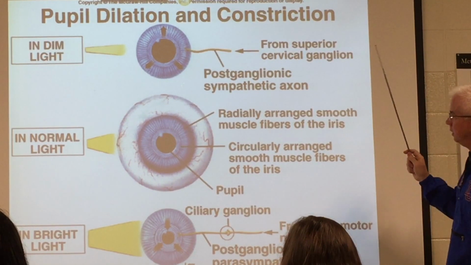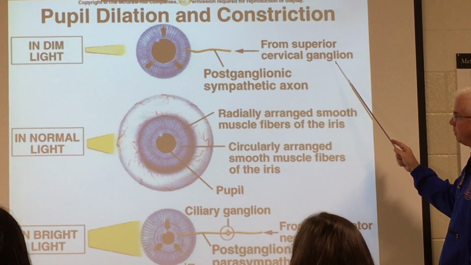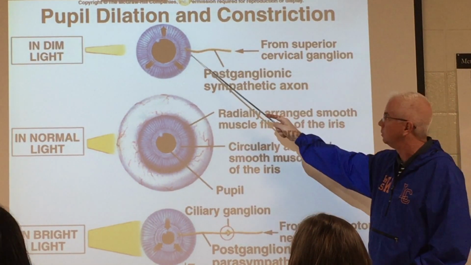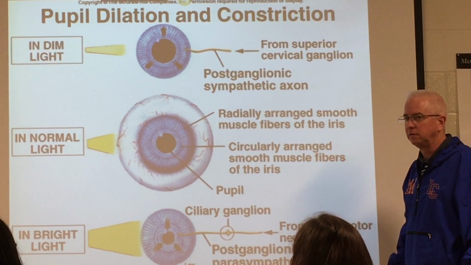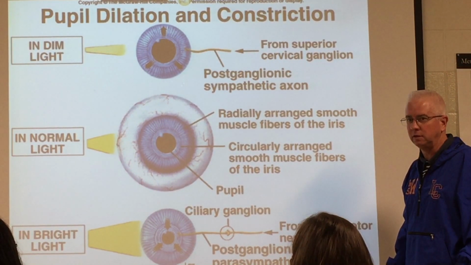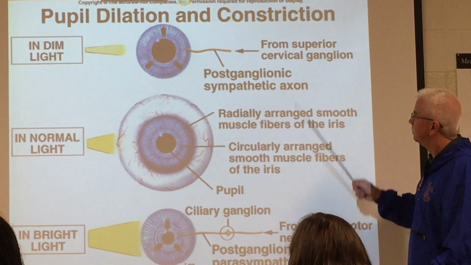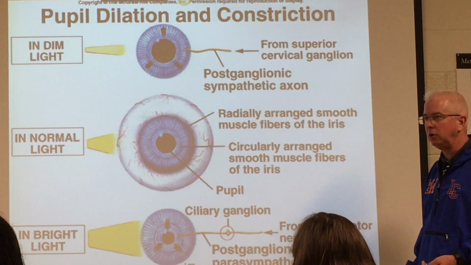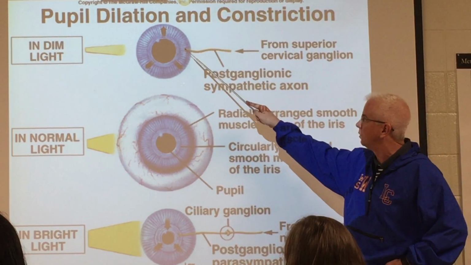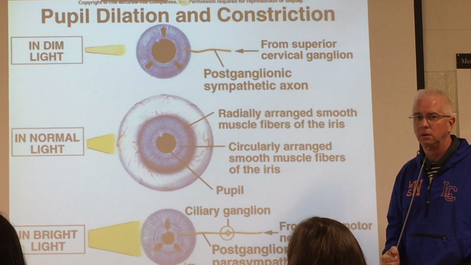Notice that this shows you that information to the radial muscle comes from the superior cervical ganglion. Now the superior cervical ganglion is the top ganglion of the sympathetic chain. This is sympathetic information. What would be the neurotransmitter released by postganglionic sympathetic fibers on these radial smooth muscles?